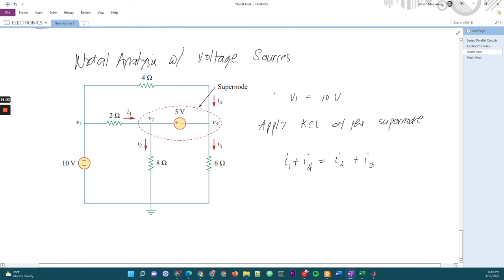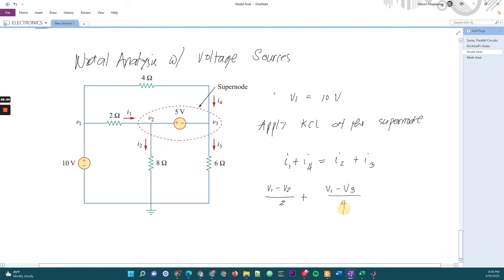Okay? Then using Ohm's law, your I1 becomes (V1 minus V2) over 2, plus I4, which becomes (V1 minus V3) over 4. So, can you follow?